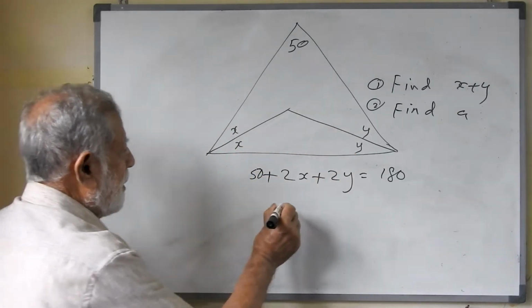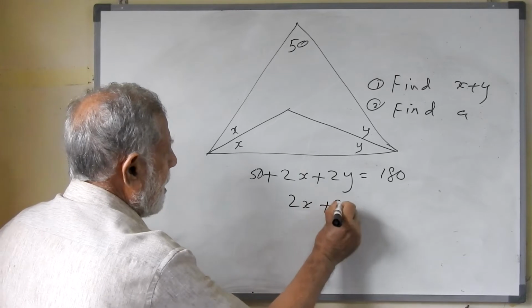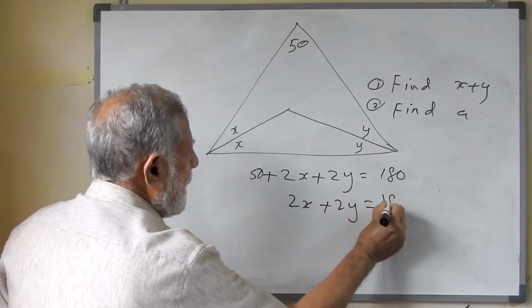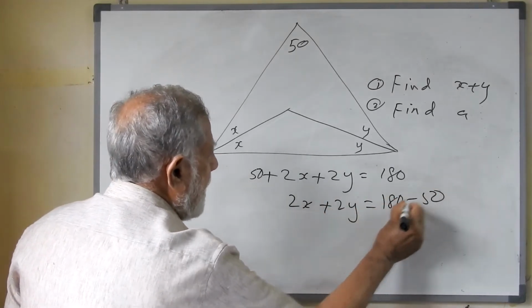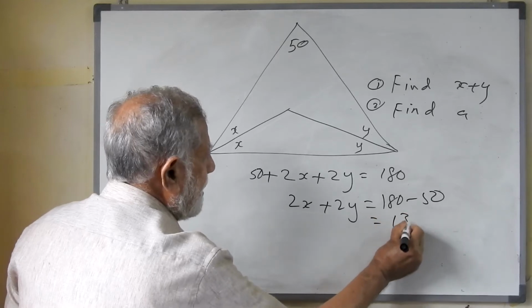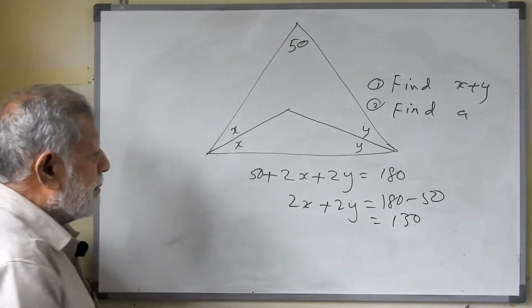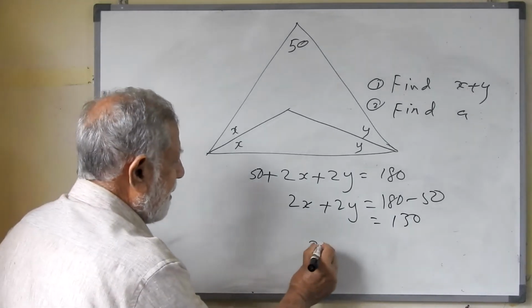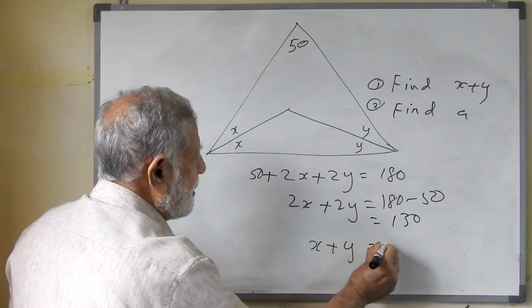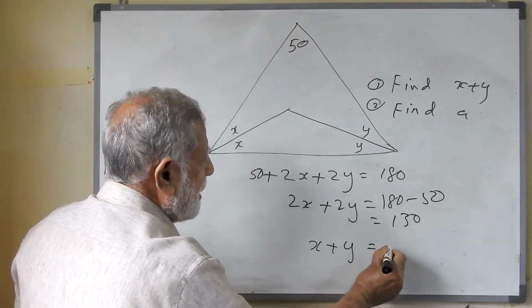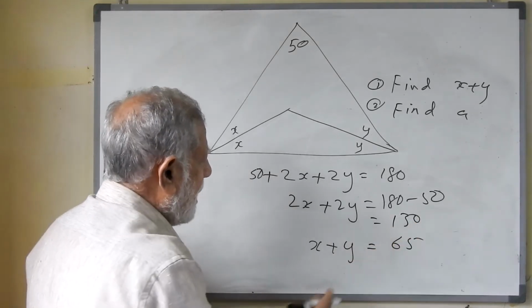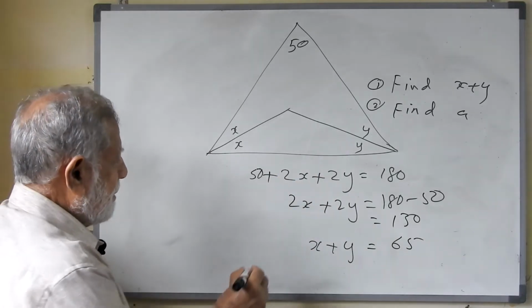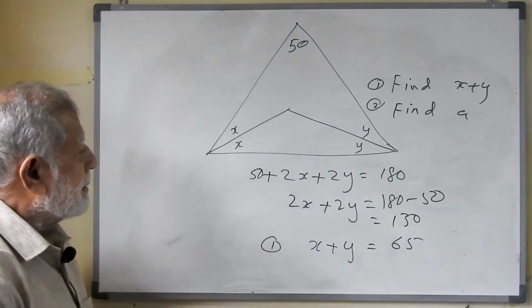So 2x plus 2y will become 180 minus 50, that is equal to 130. So when 2x plus 2y is 130, x plus y will be equal to 130 divided by 2, which is 65. So first answer we have got: x plus y equals 65.